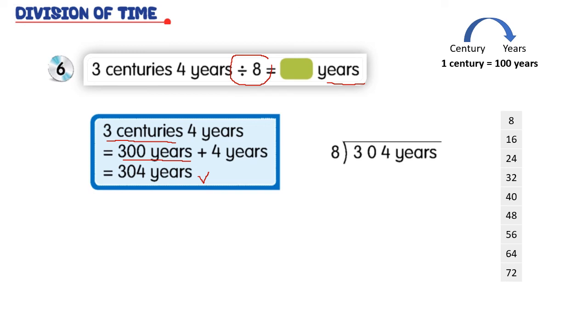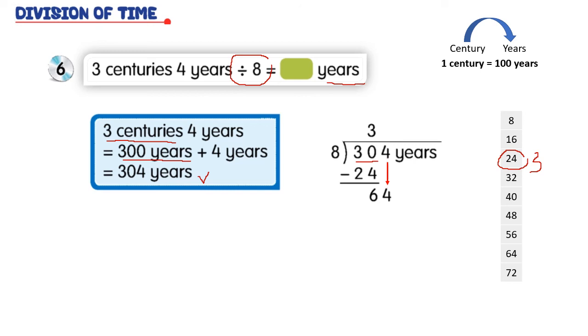Again, get ready with your times table 8. Now 3 divided by 8, 3 is smaller, go to 30. Okay, look at table 8. There is no 30, but the nearest number to 30 is 24. It is 3. So put 3 at the top, minus again 24. So 30 minus 24 is equal to 6. Bring down 4. So this one is 64.